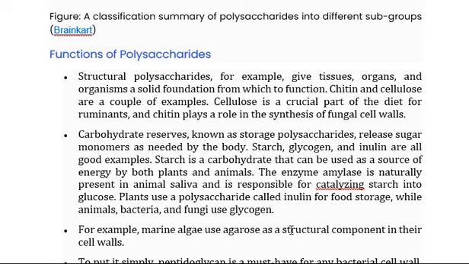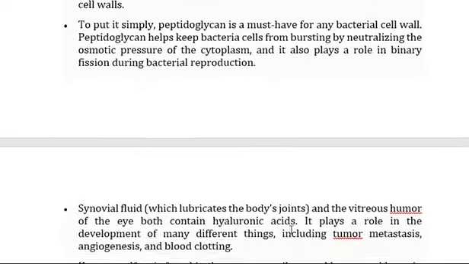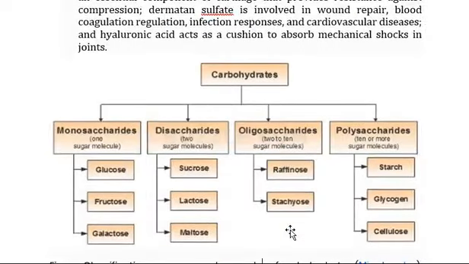Structural polysaccharides, for example, give tissues, organs, and organisms a solid foundation from which to function. Chitin and cellulose are a couple of examples. Cellulose is a critical part of the diet for ruminants, and chitin plays a role in the synthesis of fungal cell walls. So we can go on and look at the benefits.